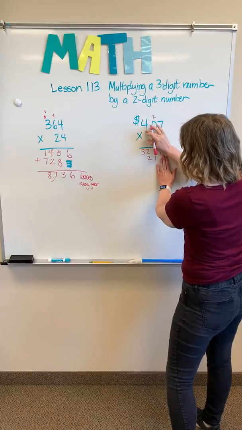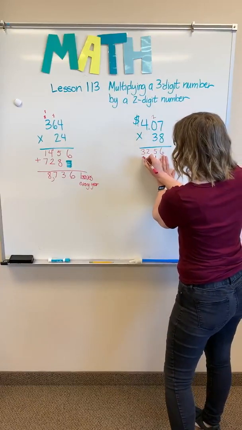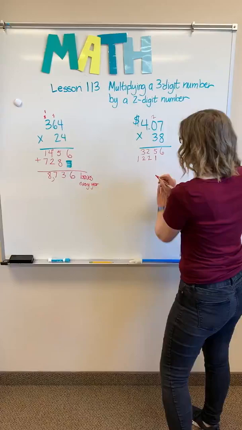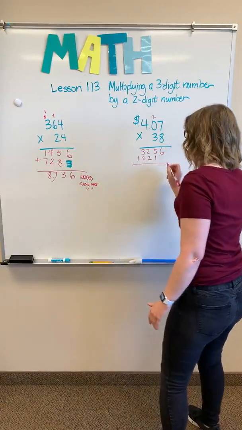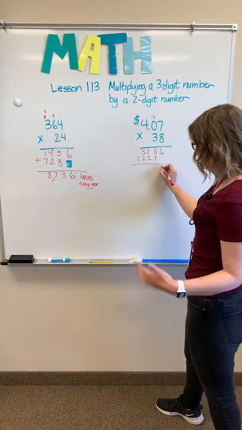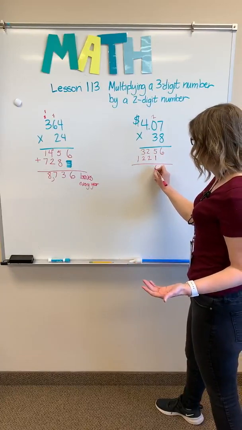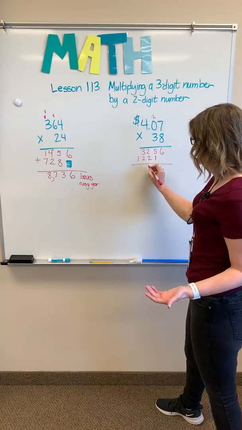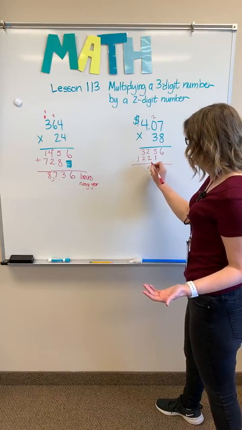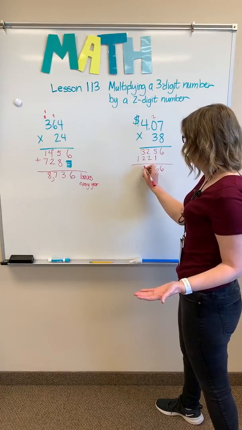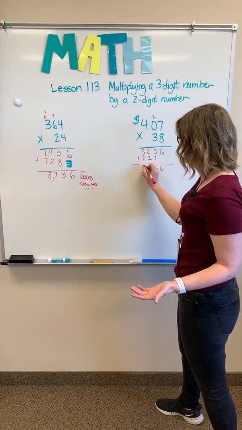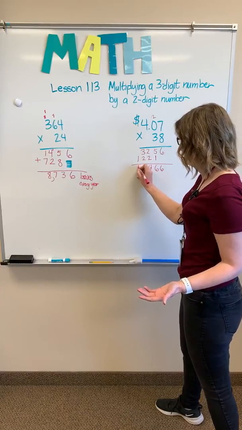Now, 3 times 4 is 12. So, I add this up. 6 plus nothing is 6. 5 plus 1 is 6. 2 plus 2 is 4. 3 plus 2 is 5. 1 plus nothing is 1.